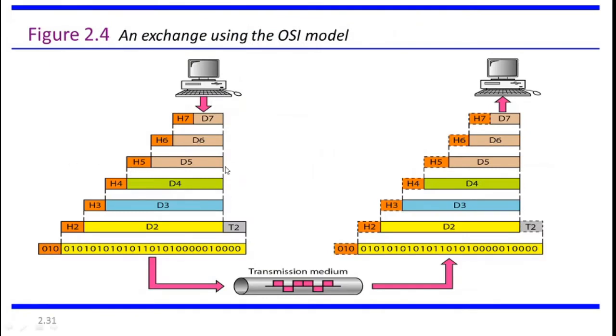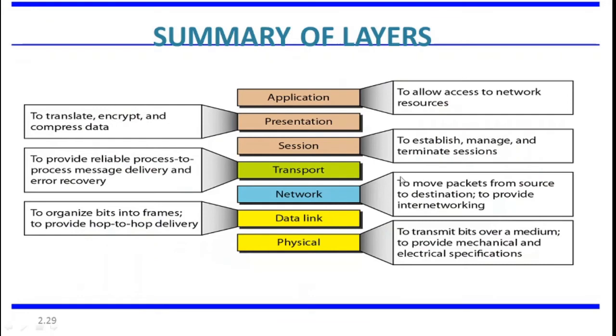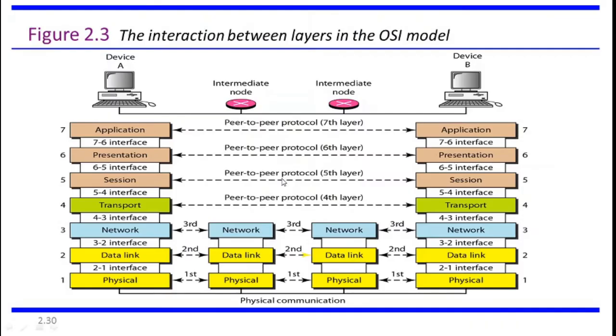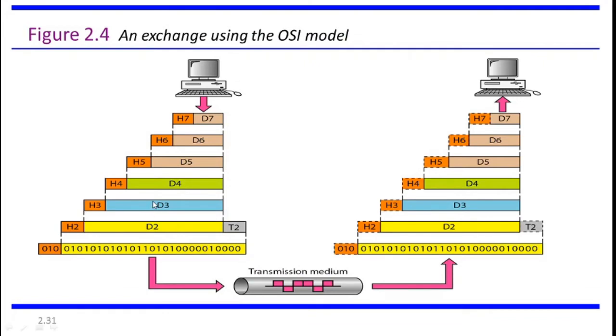After adding H5, that segment is given to the transport layer, where the transport layer header H4 is added, and that contains the details about process error recovery, the message delivery and all other header information.